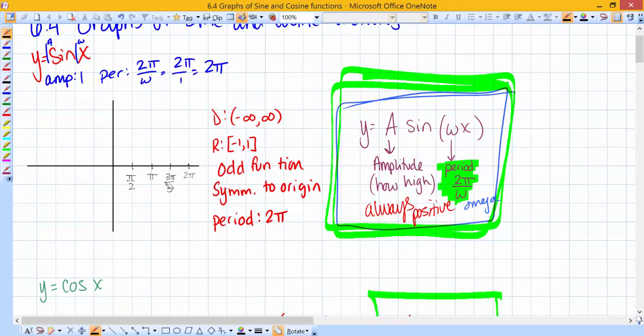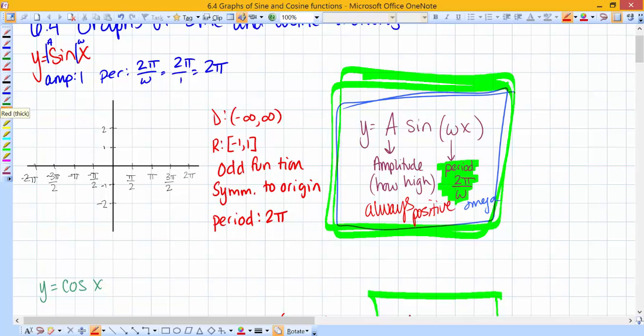And then that makes us 3 pi over 2. And then backwards on this side, just like on the x-axis, we're going to have negatives. And then we have 1, 2, negative 1, negative 2. Please make sure when you are creating your coordinate planes that you are very clear in identifying what the scale of your graph is.